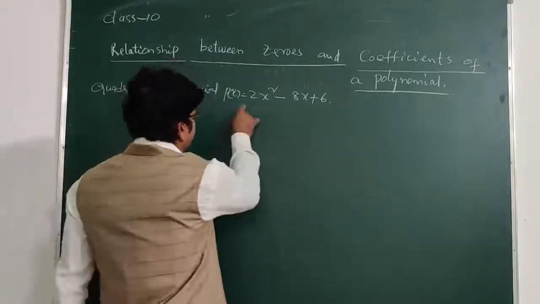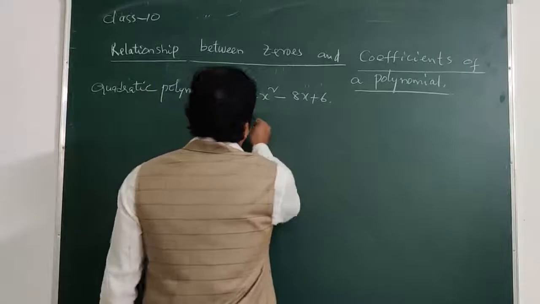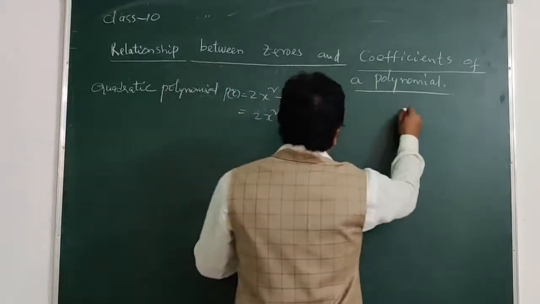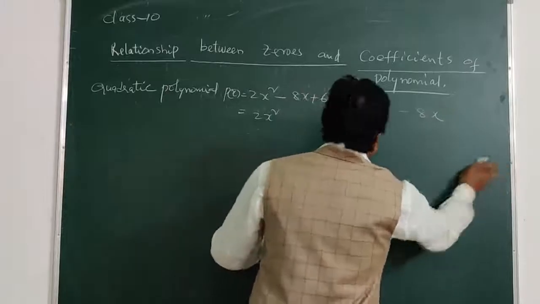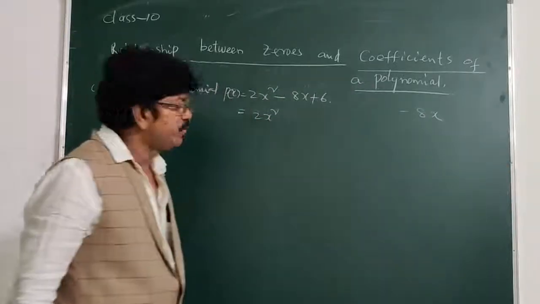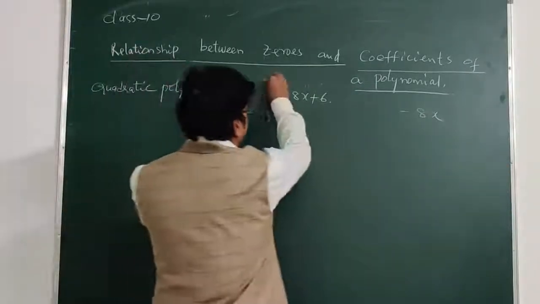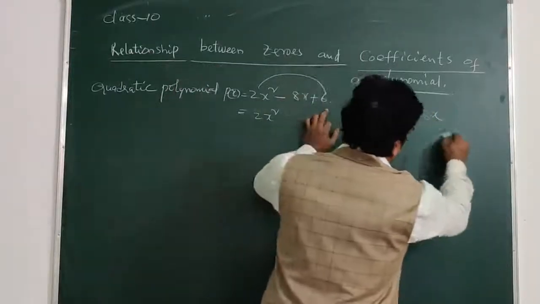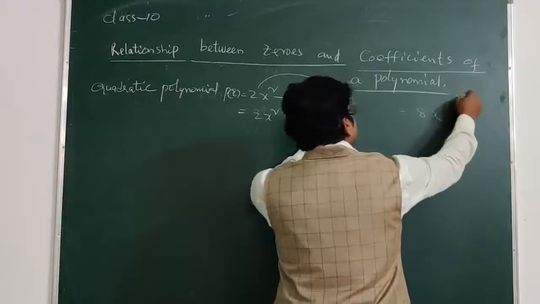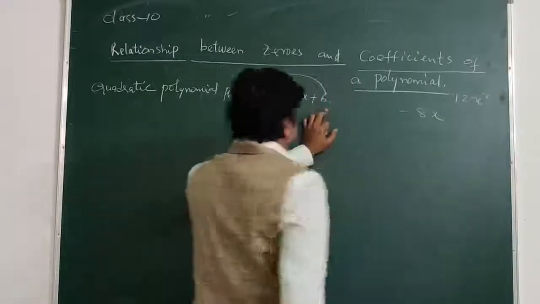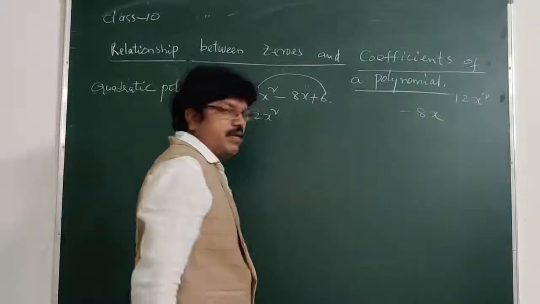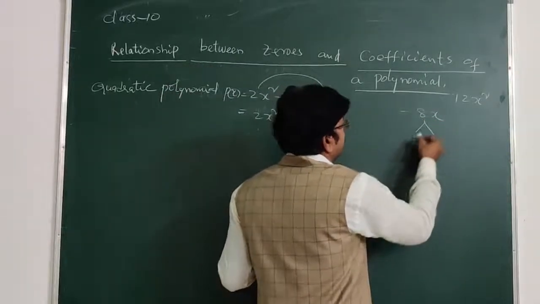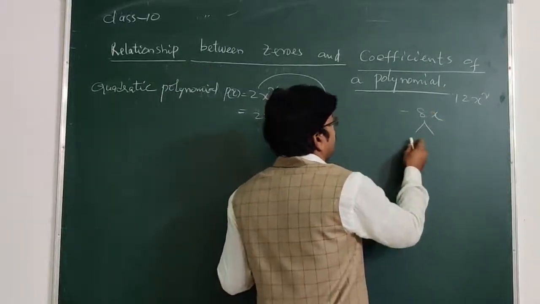If you solve this, multiply these two, 2 sixes are 12x square. And this is minus 8x, which we can write as a sum.